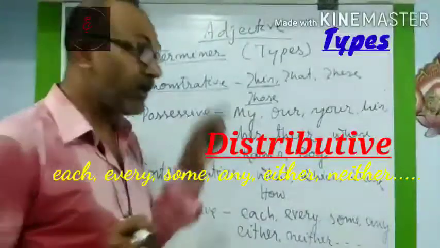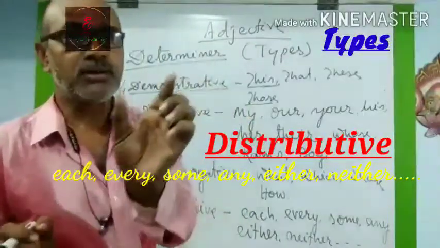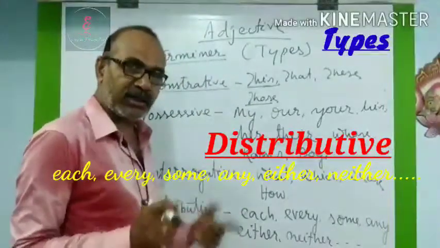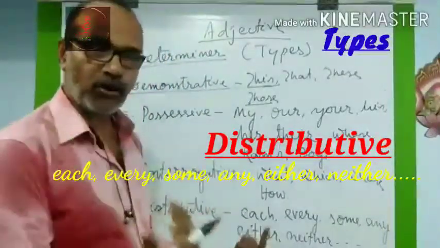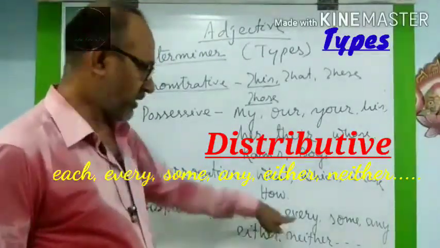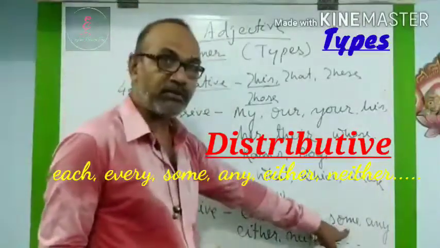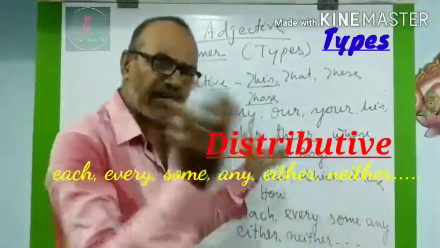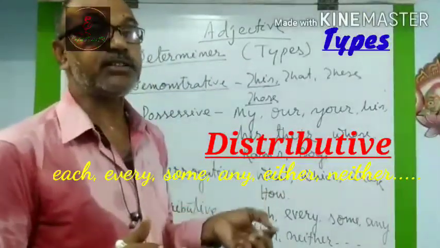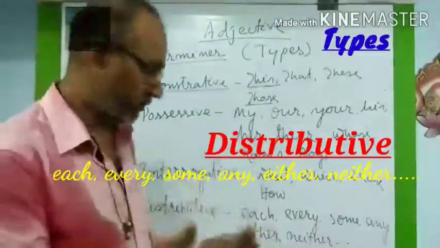So each becomes singular, whereas all becomes plural. Using each includes all. That's why it is called distributive. The same way, every is also the same. Some means not all. Some is not singular, it is plural, but not all.